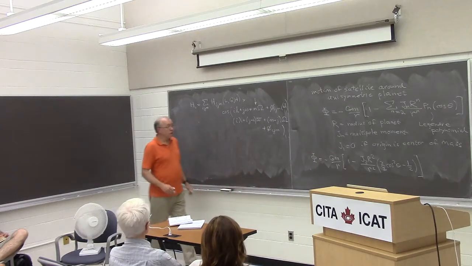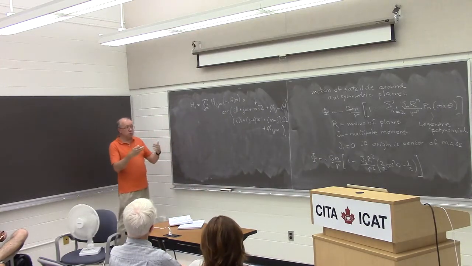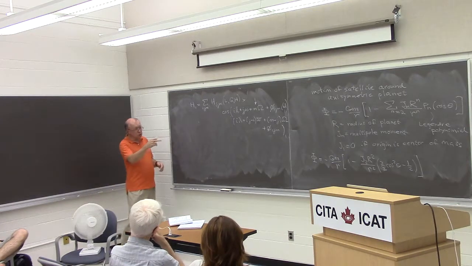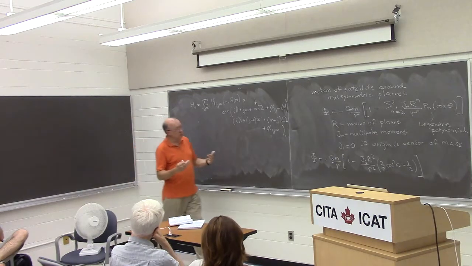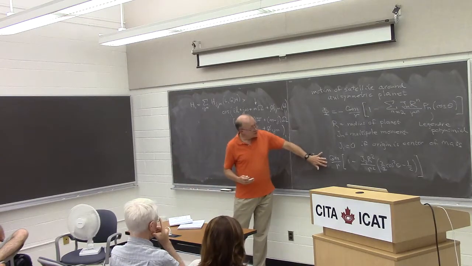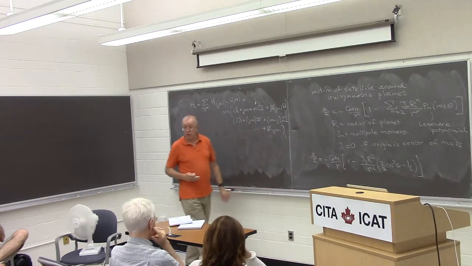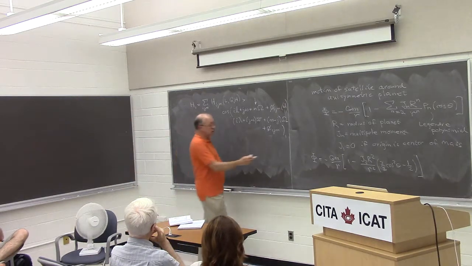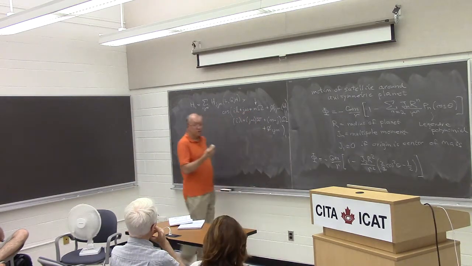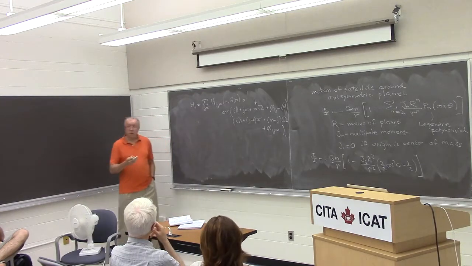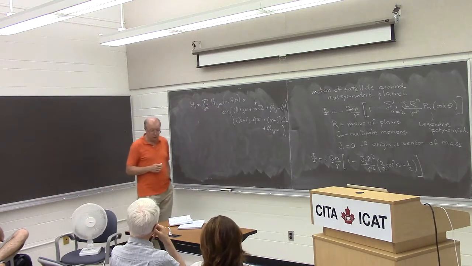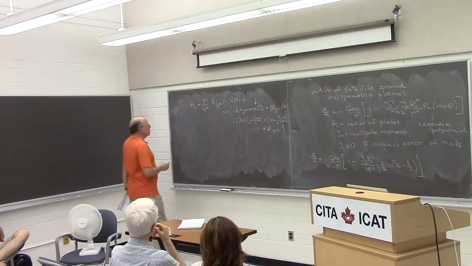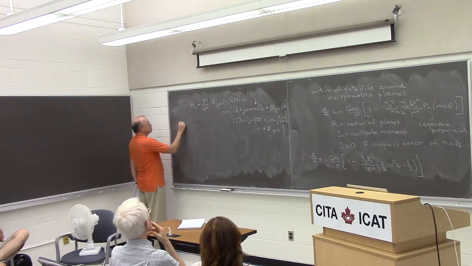That is, there will be short period oscillations in the orbit of the satellite as it goes around the planet, but the ones that are likely to have the biggest long-term effect are the ones that remain after you average over one orbit, and it's easier to average the potential over the orbit rather than working it out in detail and then doing an average after you've worked out the dynamics. So the next step is to orbit average.